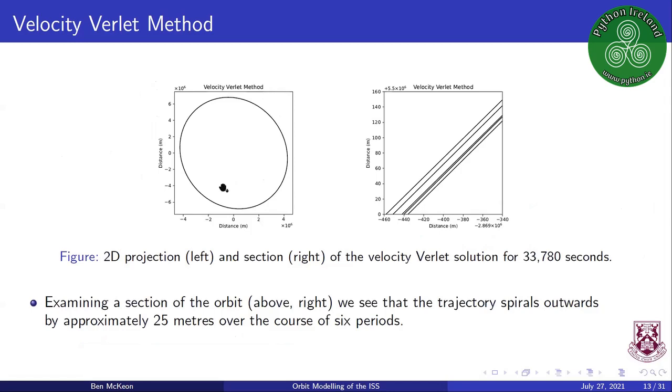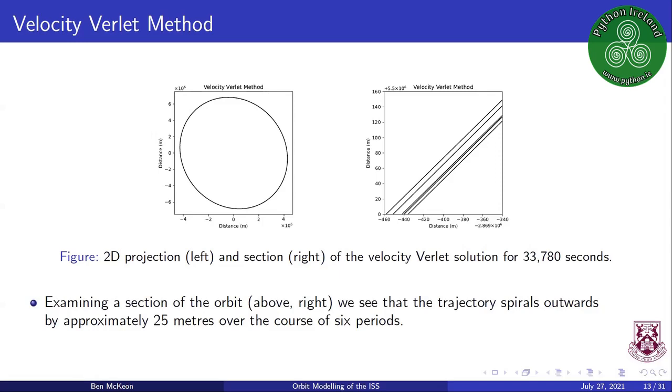When we zoom in to take a good look at the orbit here, we find that the International Space Station, over the course of 33,780 seconds, which is roughly 6 full orbits, just under a third of a day, so about 8 hours, spirals outwards by about 25 meters.